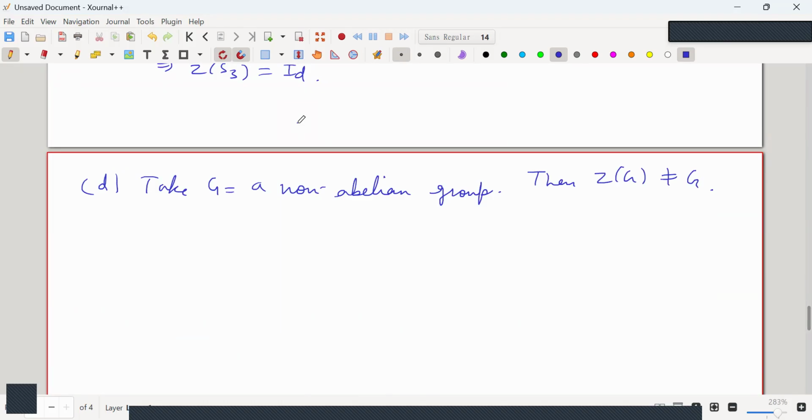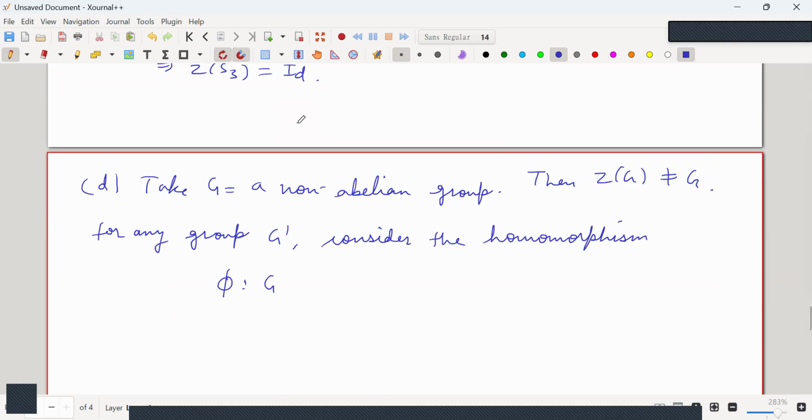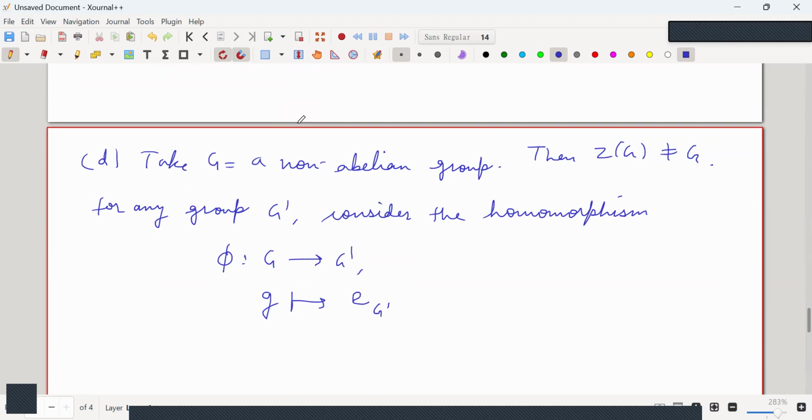And for any other group, even the same group, you can take any group G prime and consider the homomorphism phi from G to G prime, sending each element small g to the identity of G prime, right?